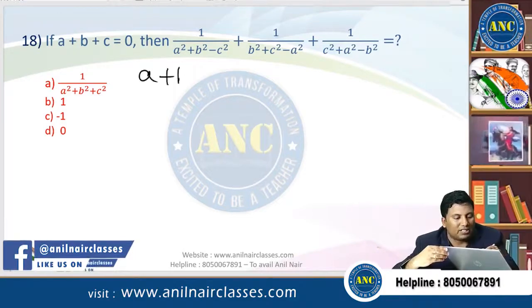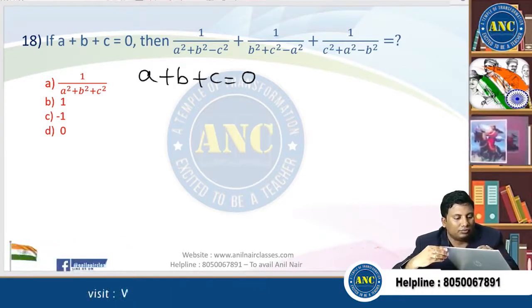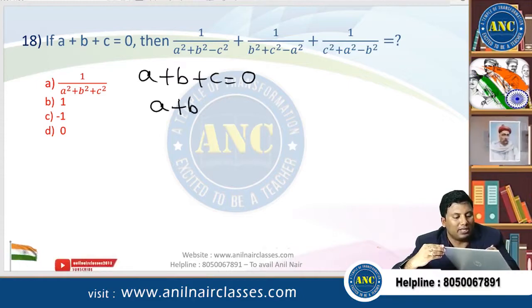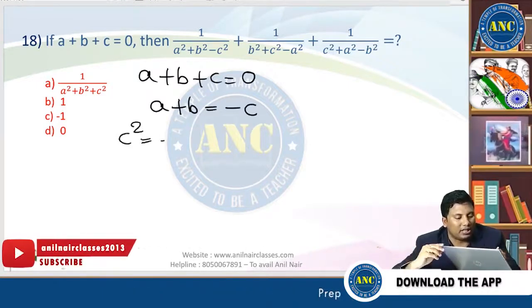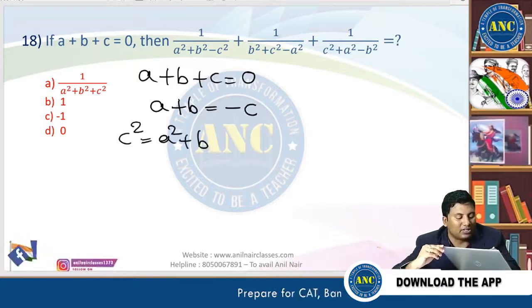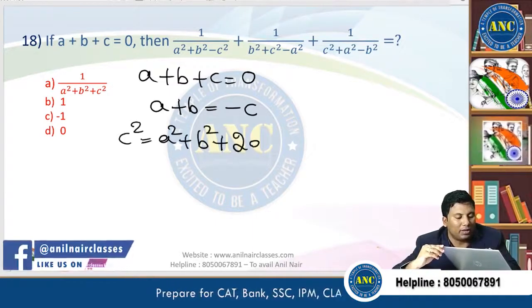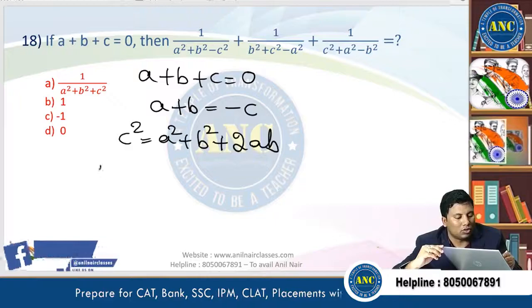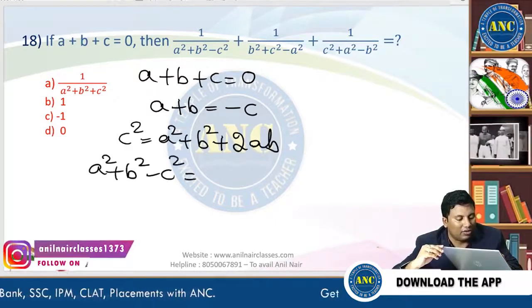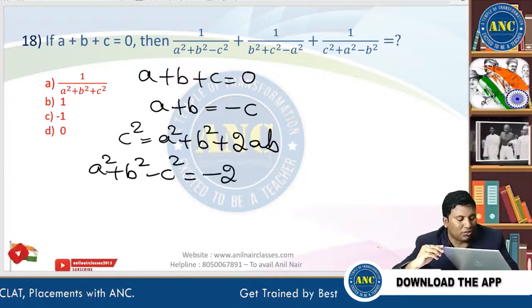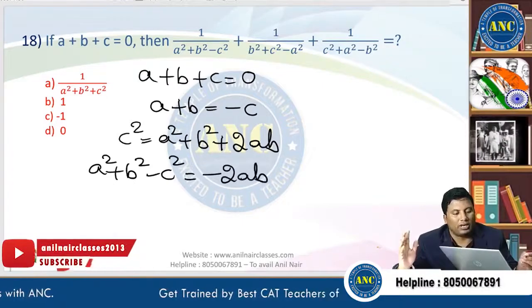Now if you see here, A plus B plus C is 0. A plus B is minus C. C square is nothing but A square plus B square plus 2AB. So A square plus B square minus C square, which is nothing but minus 2AB. I hope it is clear.